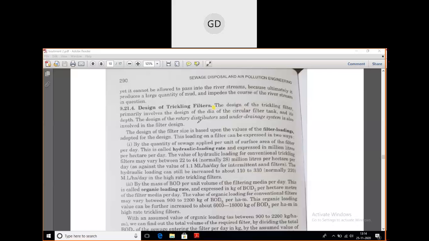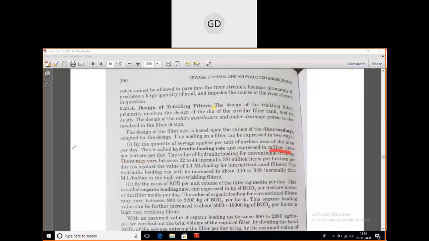It is the quantity of sewage that is applied per unit surface area of the filter per day. So that is your hydraulic loading rate, and it is expressed in million liters per hectare per day.